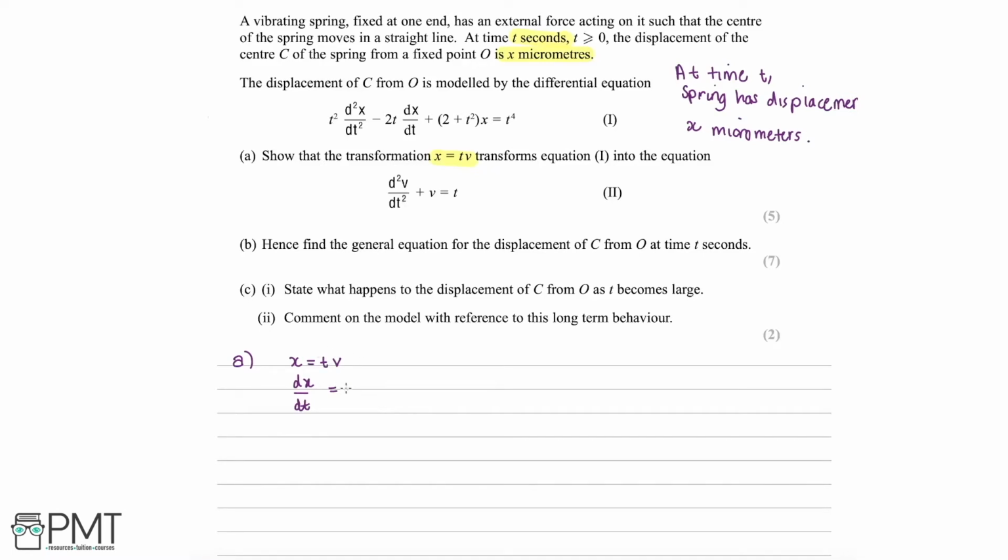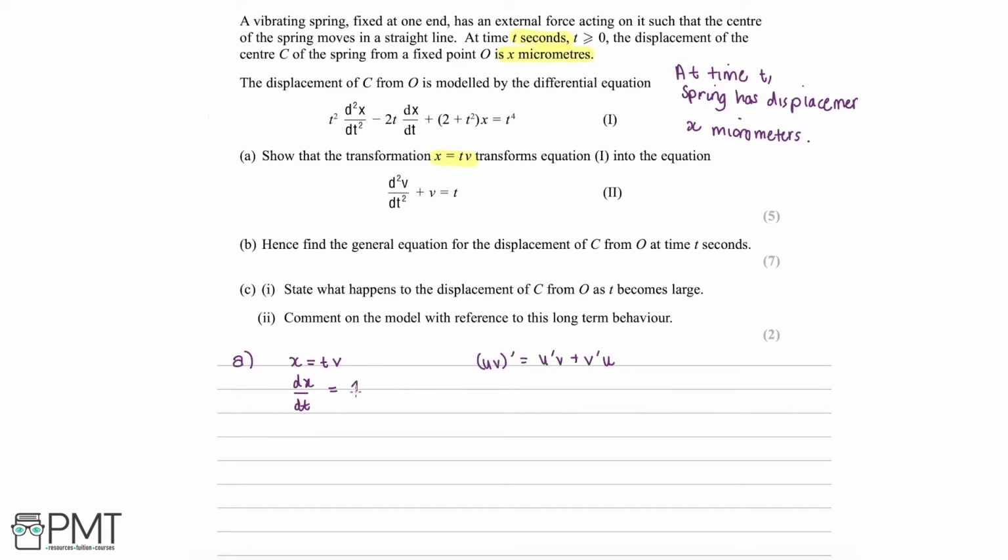And in order to differentiate the product of these variables with respect to t, we need to use the product rule, where the derivative of uv is equal to the derivative of u multiplied by v plus the derivative of v multiplied by u. Well, u in this case will be t, so the derivative of t will just be 1 with respect to t.